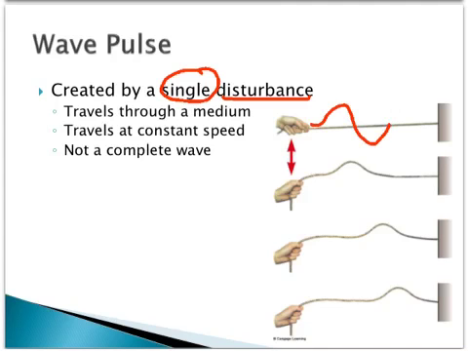A wave would be a full disturbance up and down around that equilibrium point. A single disturbance is just half of that. It could be a disturbance up or a disturbance down. That disturbance travels through the medium. The next lesson will be on wave speed. You'll find that all waves travel at a constant speed. And notice again, it's not a complete wave, so that is a wave pulse.